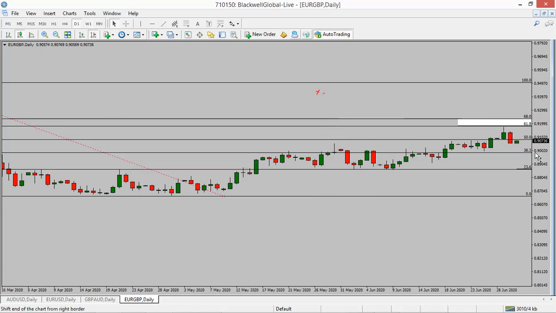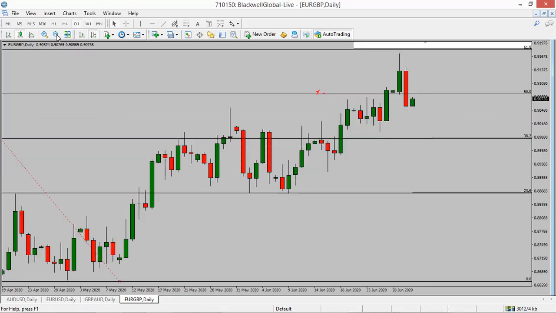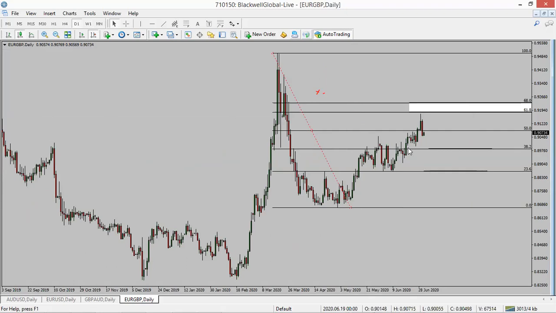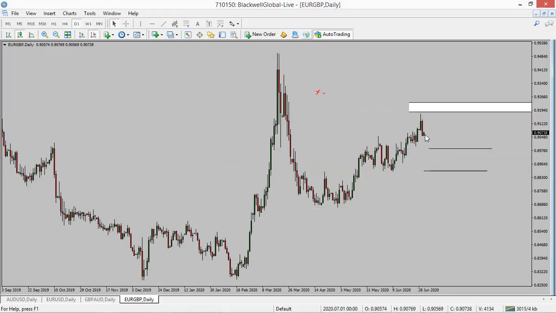So breaking it down to the daily time frame, you see the previous daily candle. You see the selling pressure here. So what I'll be waiting for is just price to get to this level.